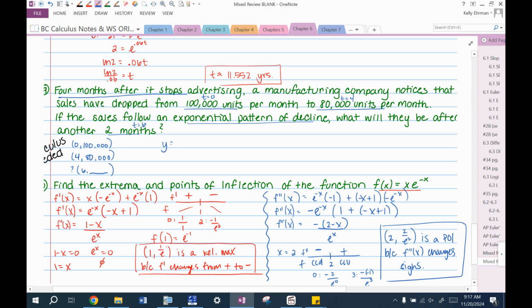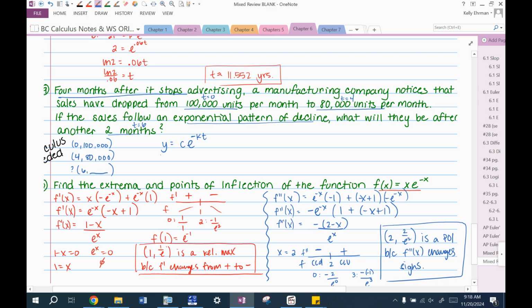So y is equal to some c value times some e value to the negative kt. That would be an exponential decline. Or you could also just say like a times b to the t, and you're going to get a b value that's a decimal less than 1.